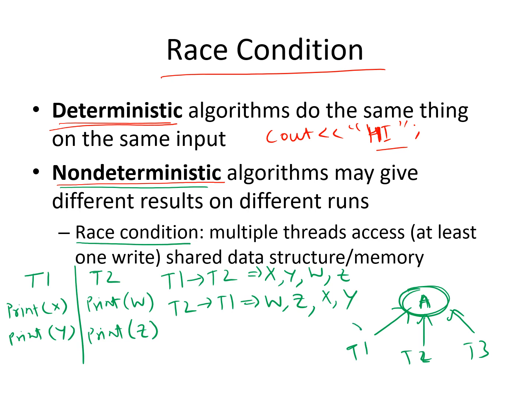So let's say t1 is reading a, t2 is also reading a, but t3 is writing into a, right? So this is actually an example of a race condition: when multiple threads are accessing the same shared memory or shared data structure, and at least one of them is writing into that.